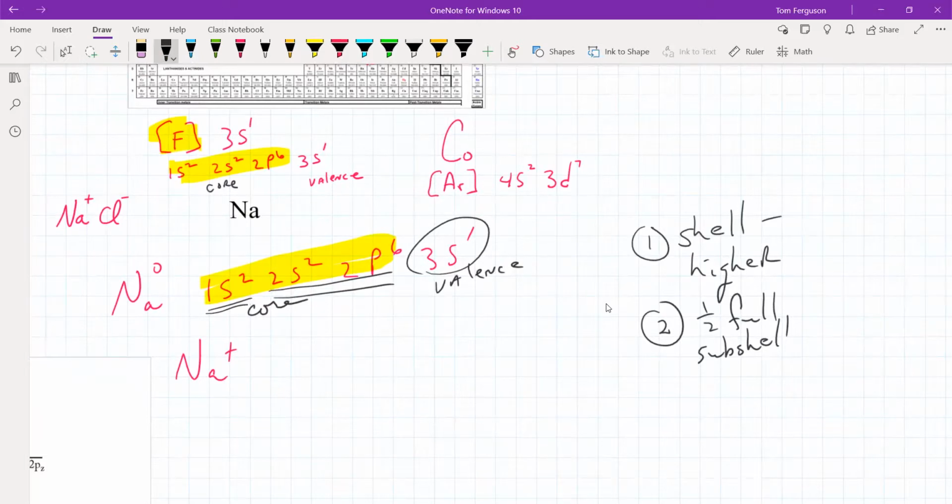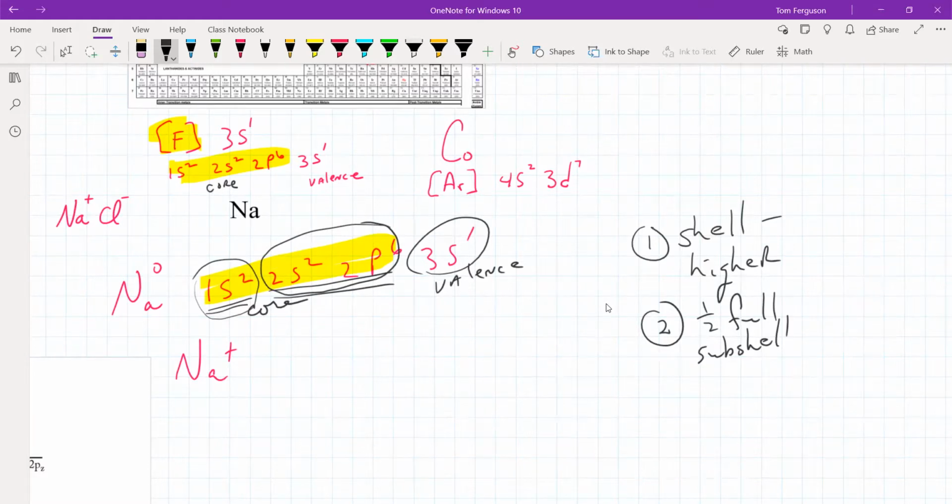These two electrons have a full shell, so they're super stable. These 8 electrons here make up shell number 2, also full. So very stable. And that's one of the reasons why core electrons are so stable: their shells are full. Now, this 1 electron in the 3s subshell is half full because it has 1 instead of 2.